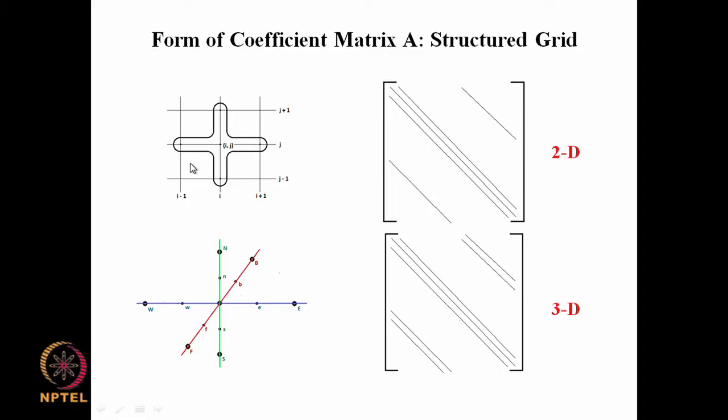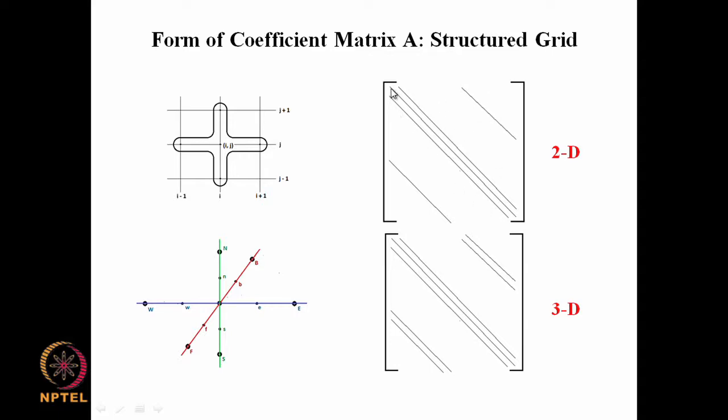If you put all the unknowns in the lexicographic ordering, then it is possible to get a pentadiagonal matrix which is like this, where you have the main diagonal which is non-zero, usually in the case of delta x and delta y being equal, and if you have, for example, the heat conduction equation or the Poisson equation or the Laplace equation with constant coefficients and so on, this will be -4, 1, 1, 1, 1. So, that is the type of thing that we have for all interior points.